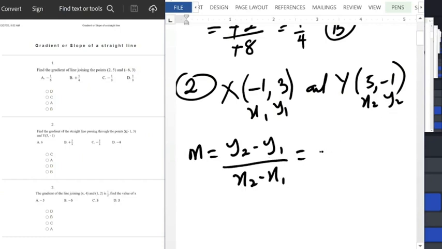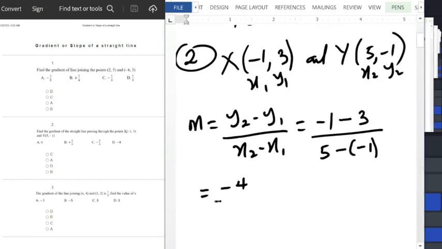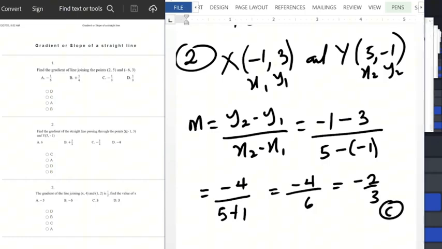So y2, which is -1, minus y1, which is 3, divided by x2, which is 5, minus -1. So this will give us -4, right? And divided by 5 plus 1, which will give us -4 all over 6. And that is -2 over 3. So -2 over 3, that is option C there.